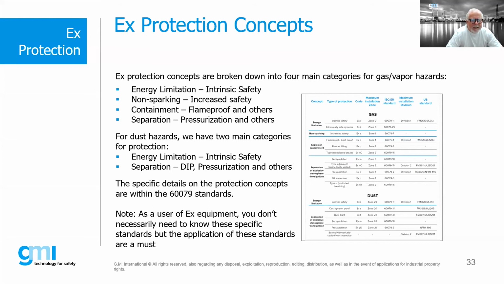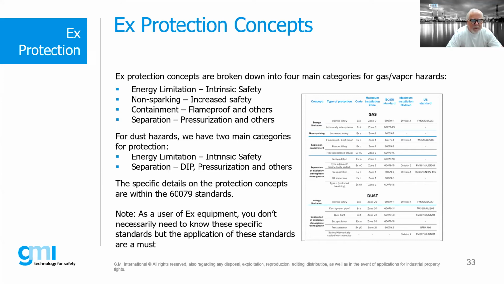So the specific details on these concepts are all listed under the 60079 set of standards, and you see on the right-hand side which standard applies to which protection method. One question that people ask is, what standard should I be following for the design and installation of EX equipment?